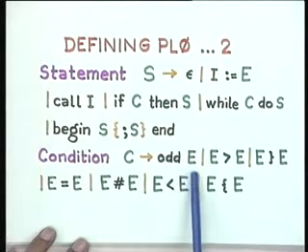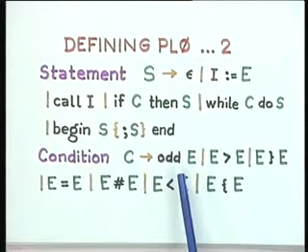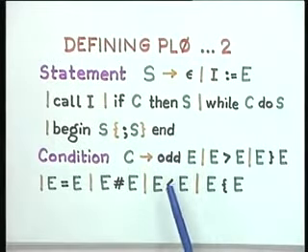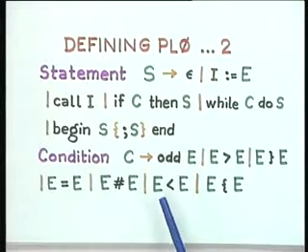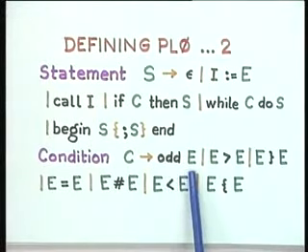The reason for using odd is partly that it's nice to have some unary predicate. Secondly, there is a direct jump on not equals in most hardware.